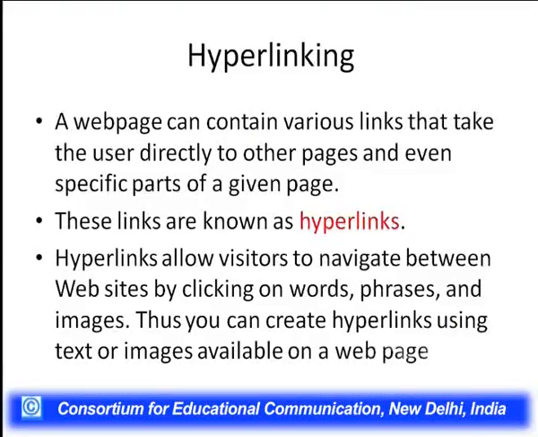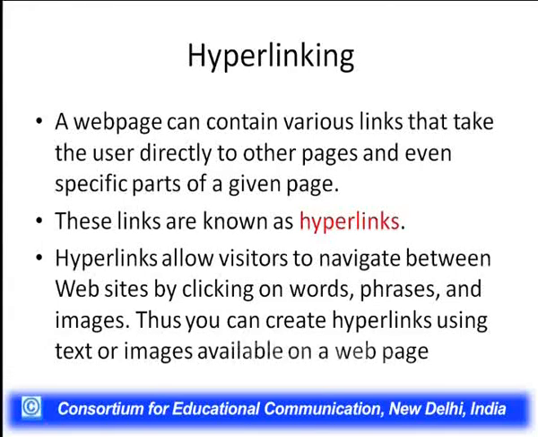So a hyperlink basically is used to interlink the various pages or the various portions on a single page, or to create links to an external website or an external web page. A web page can contain various links that take the user directly to other pages and specific parts of the given page. These links are known as hyperlinks.